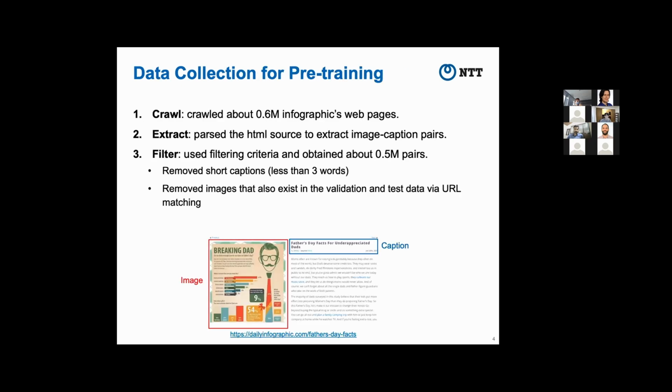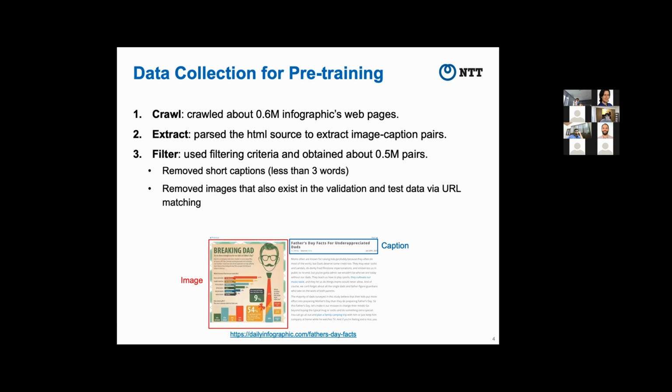First of all, we collected large-scale image-caption pairs for pre-training. The process of data collection has 3 steps: crawl, extract, and filter. First, we crawled about 0.6 million infographic web pages that can be accessed publicly.